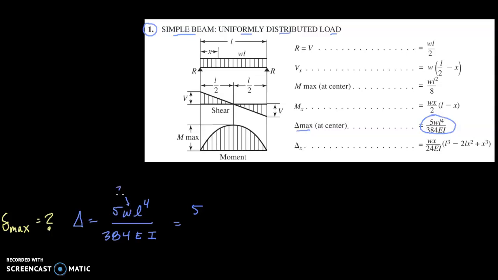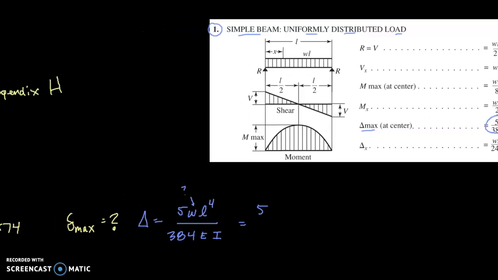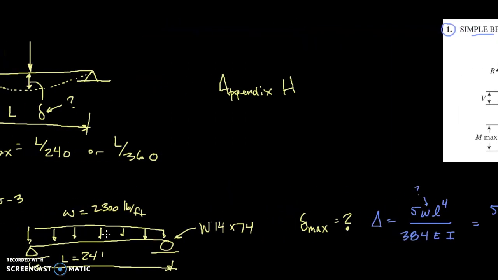What was our W? If we look back here, W is 2,300 pounds per foot. But E, when we look that up in the appendix, is going to be in ksi. And I, when we look that up in an appendix, is going to be inches to the fourth. So it makes sense to convert these units from pounds per foot to kips per inch.